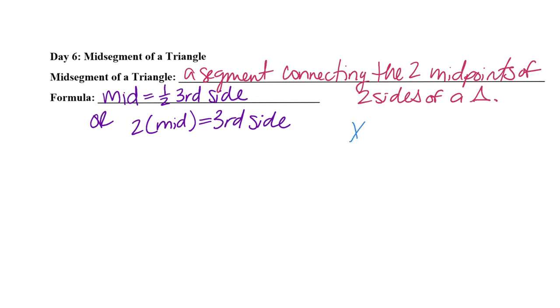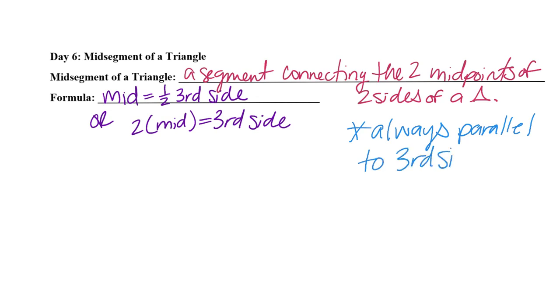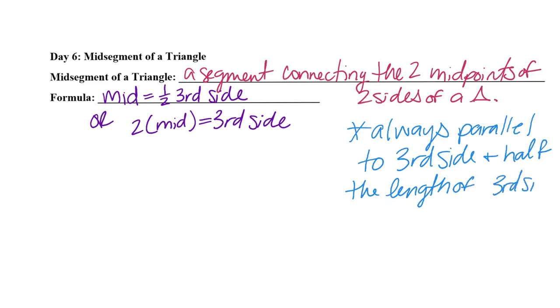I do want you to make a note here that the midsegment is always parallel to the third side and half the length of the third side. That's the other part of the definition.